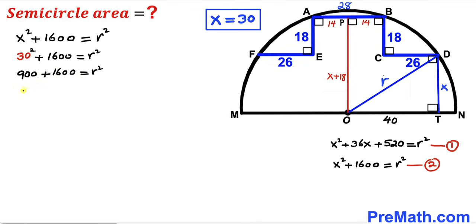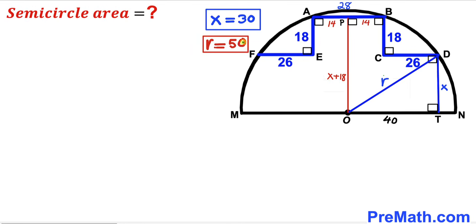Let's combine the like terms. So r square turns out to be equal to 2500. I'm going to undo this square by taking the square root on both sides. So our radius r turns out to be 50 units. The radius of this semicircle turns out to be 50.